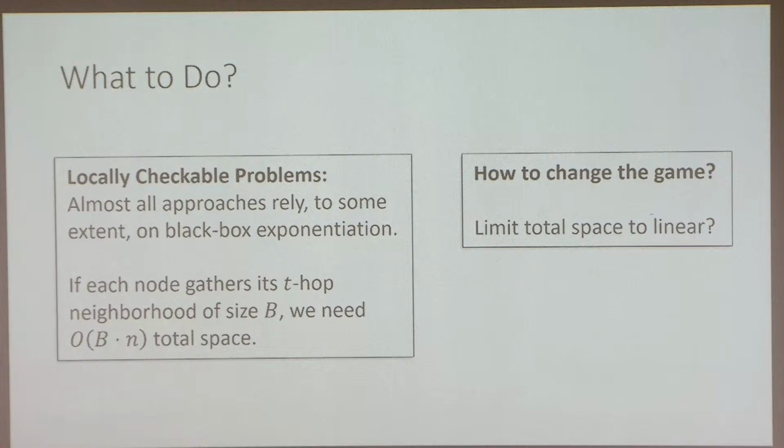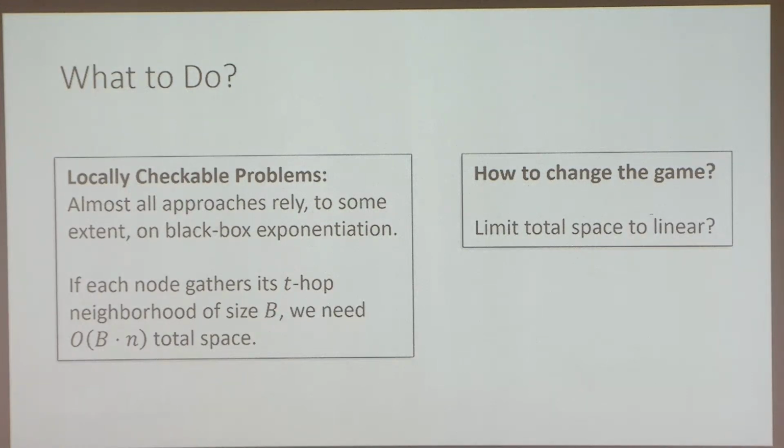Eventually, I will just take the local algorithm, close my eyes, and shove it into this exponentiation framework. And I would somehow like to forbid that, because as soon as I close my eyes, there's no way of getting around this locality barrier.